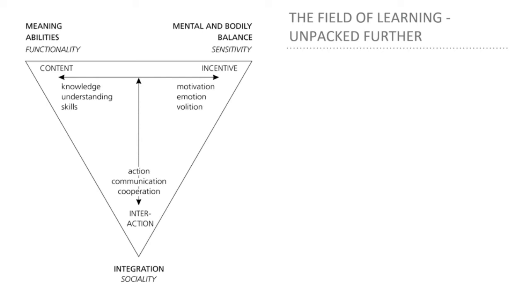If we jump to the bottom then, we can see that interaction for Illeris is about integration. It's about becoming socialised to be a part of certain kinds of social and cultural worlds. This builds, I think, on some of the work from Lave and Wenger, where they talk about communities of practice, thinking about how certain communities evolve and pass on knowledge.